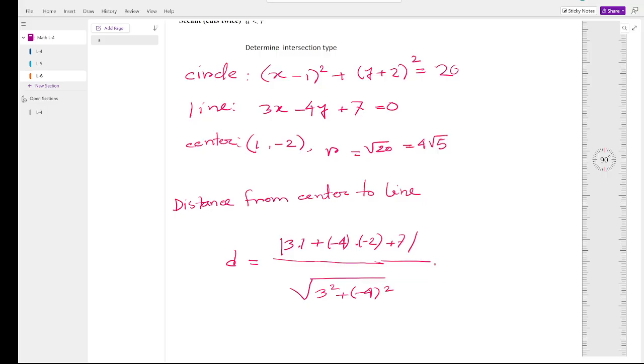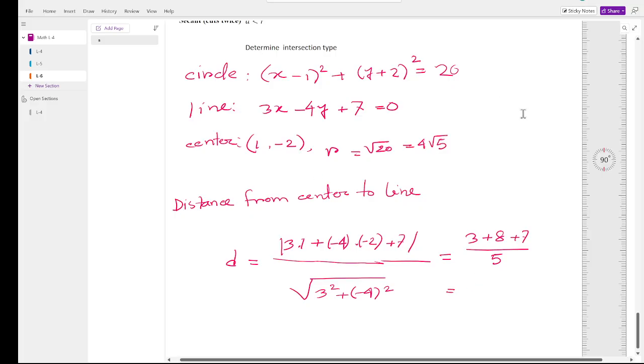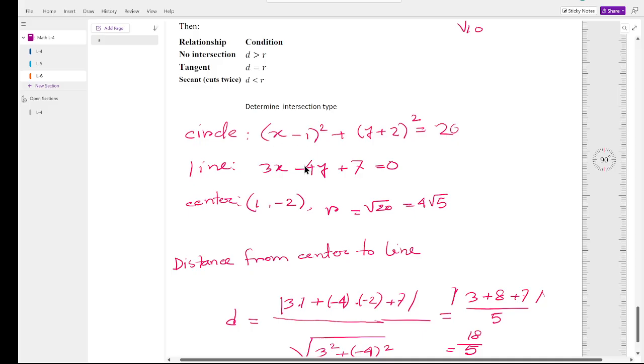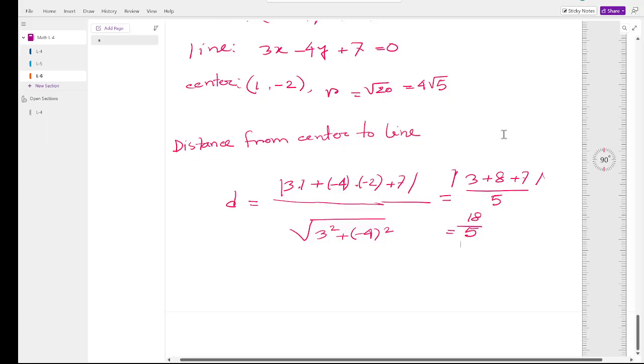So 3 plus 8 plus 7, and down is 5. So the answer is 18 divided by 5. This is the distance from the center to the line.